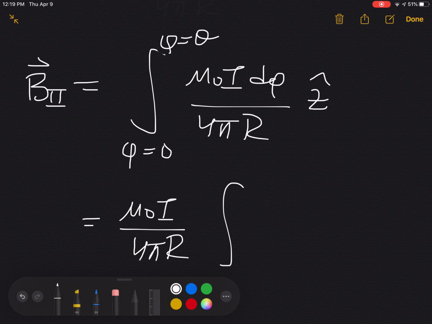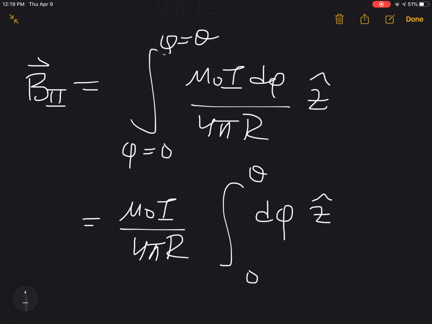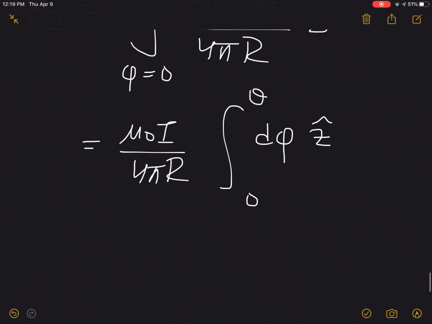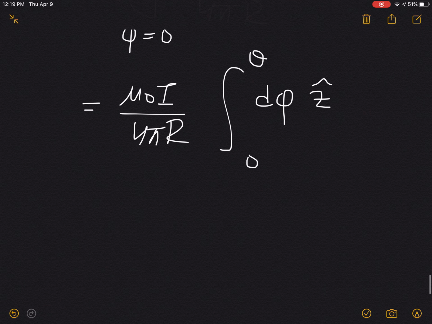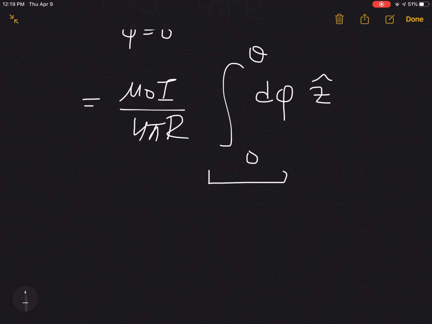So this is from 0 to theta d phi of, and in the z hat direction, z hat doesn't change with the integral. I just wrote it over there because it makes it look less cluttered. This integral, when you have just the d phi in the integral, is phi, and so you just evaluate it at the endpoints. This whole thing just equals theta.